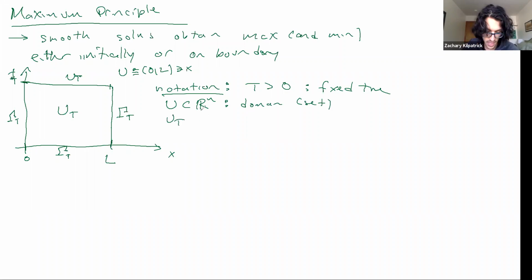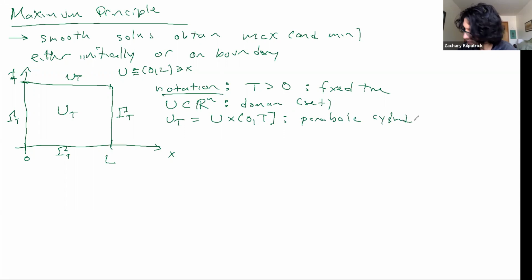U sub t is going to equal U crossed with 0 up to t. This is what we call our parabolic cylinder.